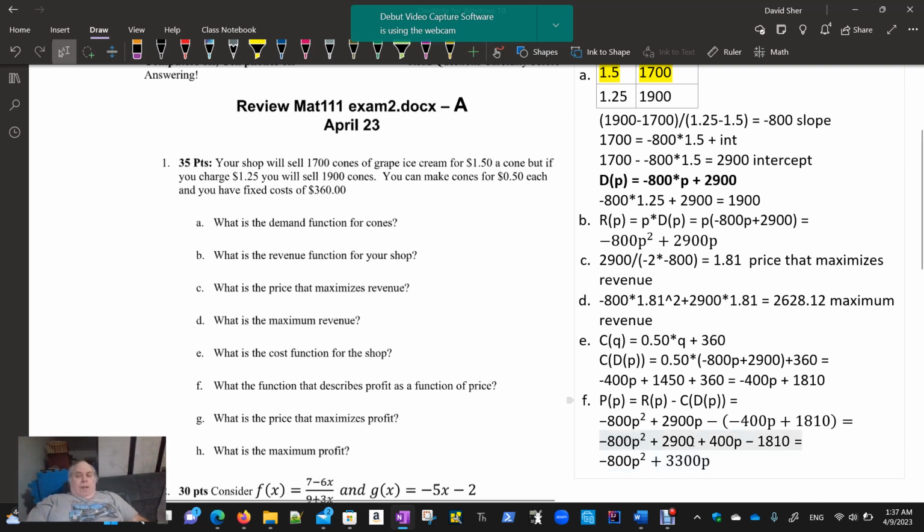Oh, by the way, that should be p over here. Minus 1810. And that is the answer to F.